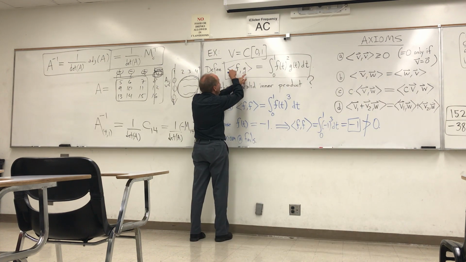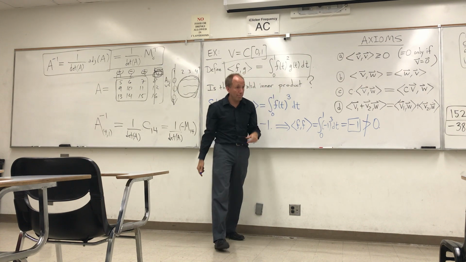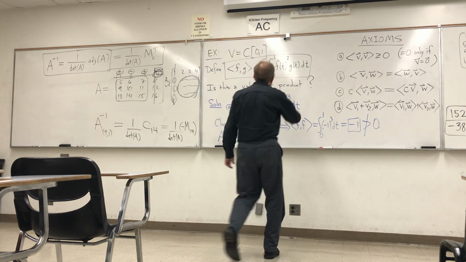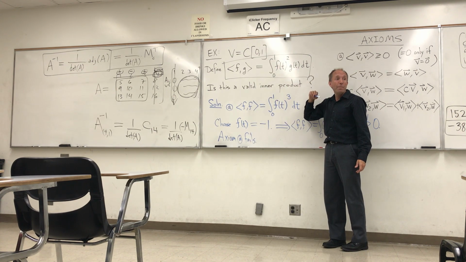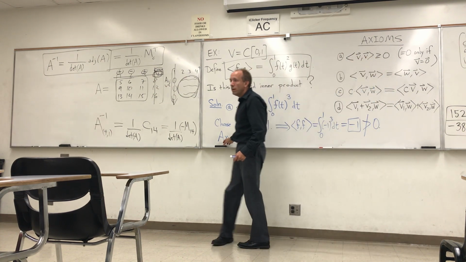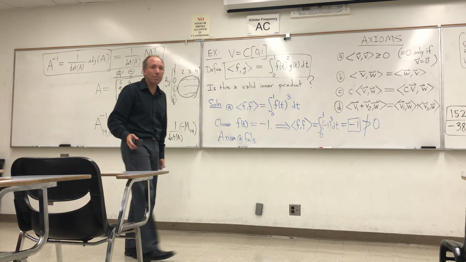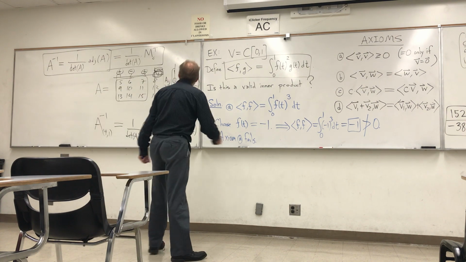If you switch the f and the g, you could get a different integral, because the first function is squared and the second one is not. So again, you could give an example: choose a particular function for f, a different function for g, and show that that axiom fails.